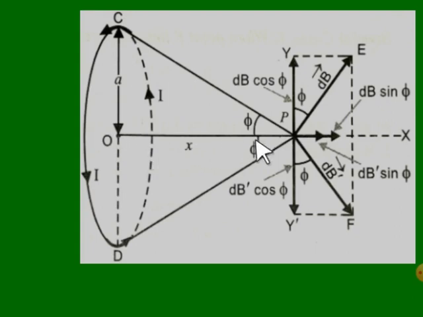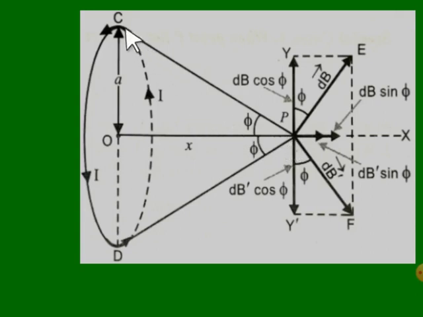Consider two diametrically opposite edges. Now let's consider two elemental current carrying conductors of length dl at these diametrically opposite points. Got it? These diametrically opposite points make an angle theta with the x-axis, or the axis of the coil.